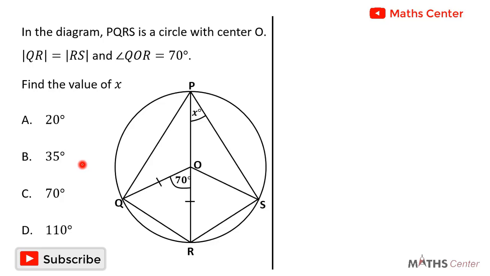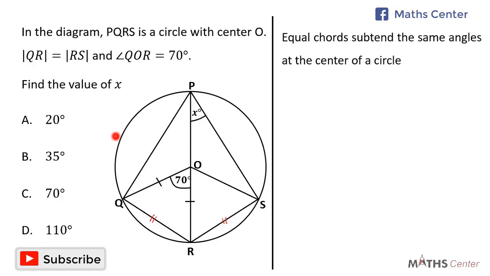From the question, we are being told that QR is equal to RS. So it means that the length of QR is equal to the length of RS. One of the theorems of a circle is that equal chords subtend the same angles at the center of a circle.